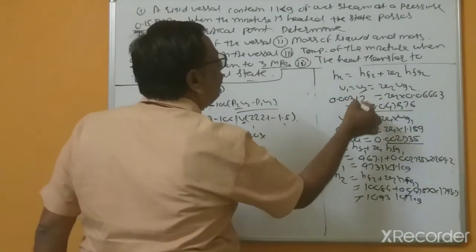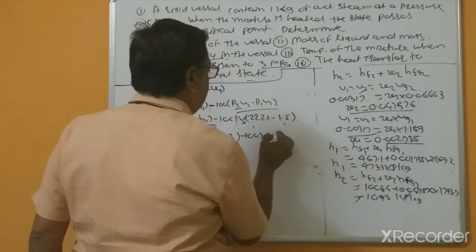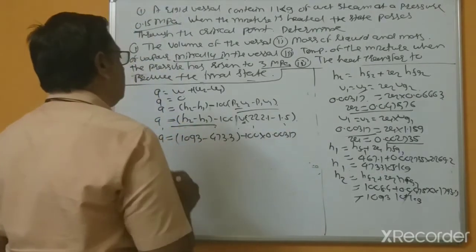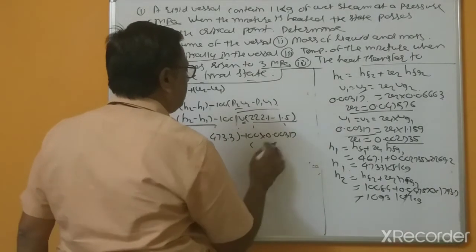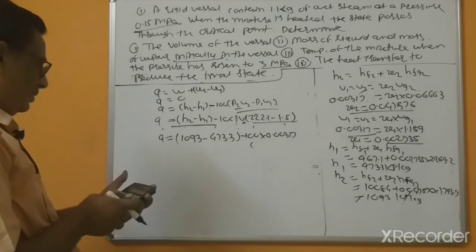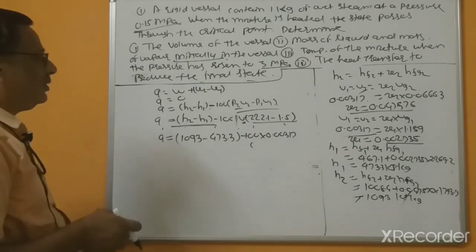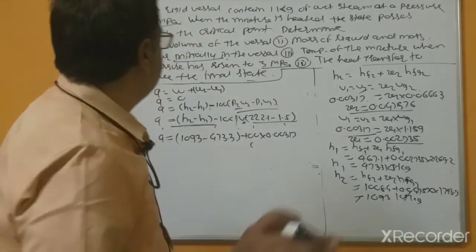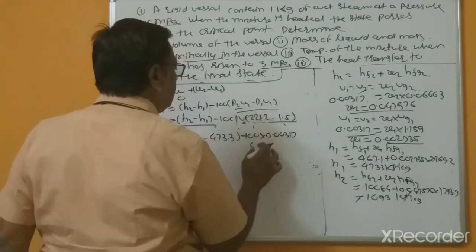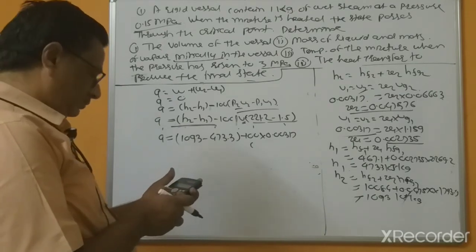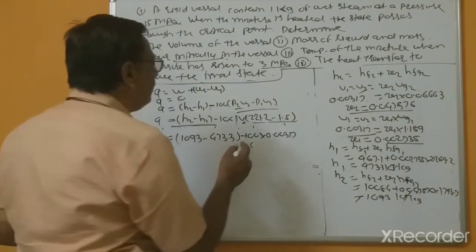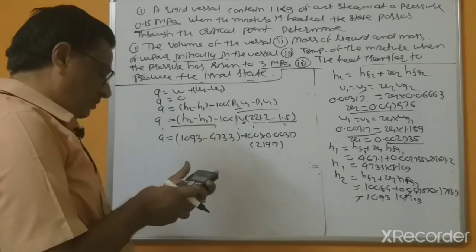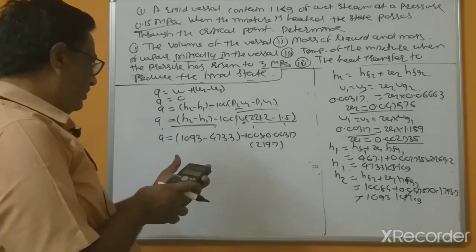V equal to 0.00317 and this is P2, this is 221.2 minus 1.5, 219.7 multiplied by 0.00317 multiplied by 100.